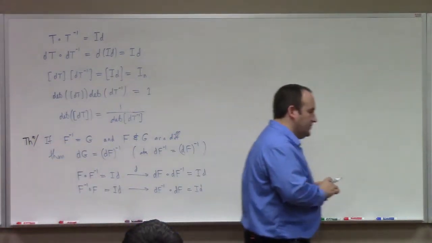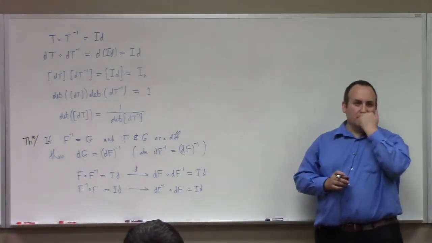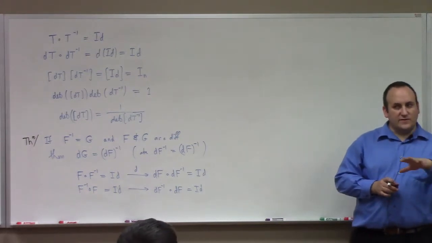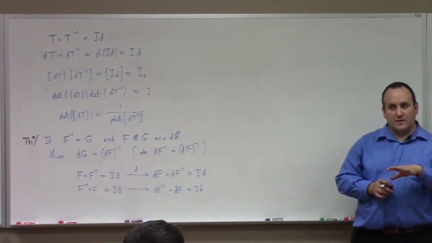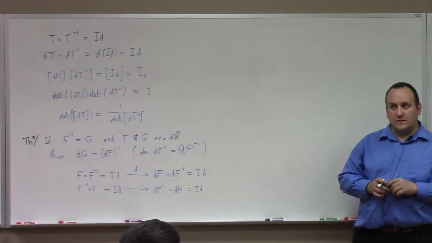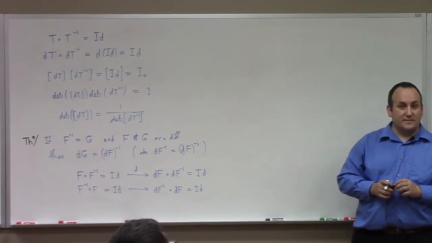Now, Sam, you asked an interesting question, which was, it seemed like I was trying to get you guys to use the continuous differentiability theorem to solve a problem where it didn't apply. Let's see, I'm trying to remember what it was.